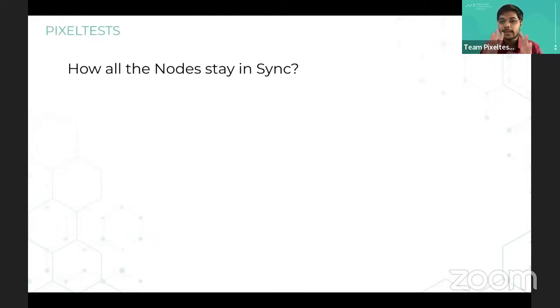But now, when there are so many nodes, let's say for example 8,000 nodes or something, nobody knows how many nodes are currently active, when a person is joining as a node, or when he is leaving. None of that information is available. So how are all of these nodes staying in sync? That is one thing that we need to understand.